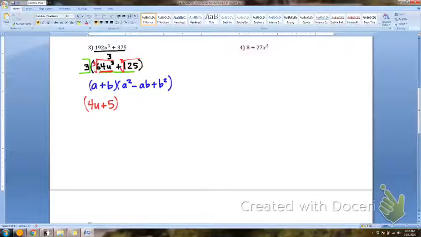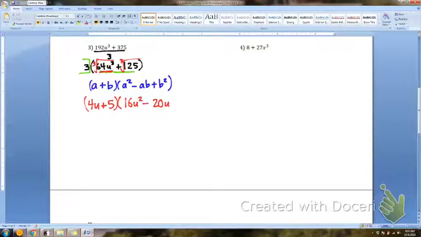All right, now this is saying take your a value and square it. If I take 4u and square it, 4u times 4u is not 4u squared, it is 16u squared. We have to square the 4 and the u, so be really careful about that. 16u squared. Now it says take the a times b, so 4u times 5 is 20u.